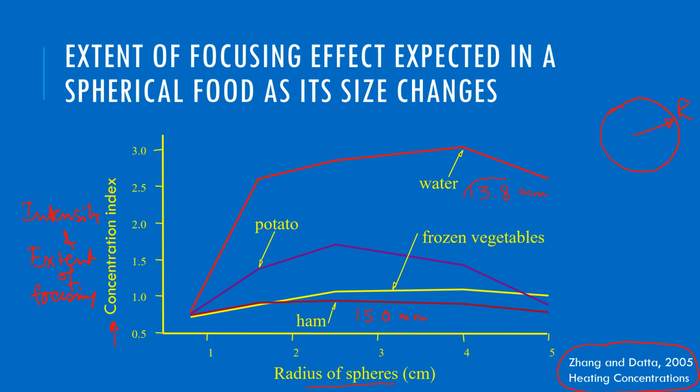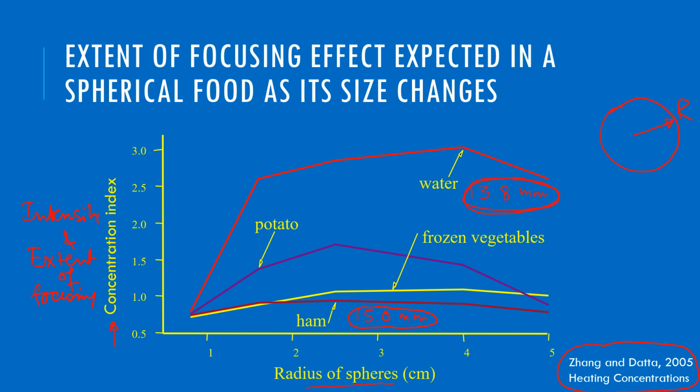So here we have the wavelength. The wavelength inside the food is very different from the wavelength outside. Outside in the air, the wavelength is of the order of 10 centimeters, but inside the food, like this for water, it is about 14 millimeters. And likewise in ham, for example, it's about 15 millimeters.